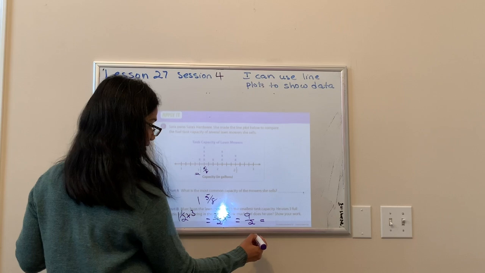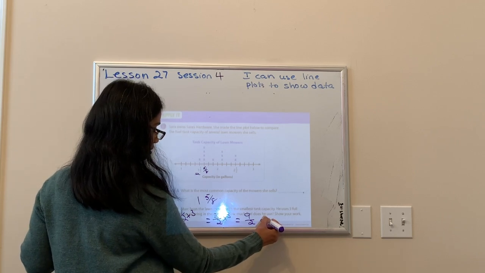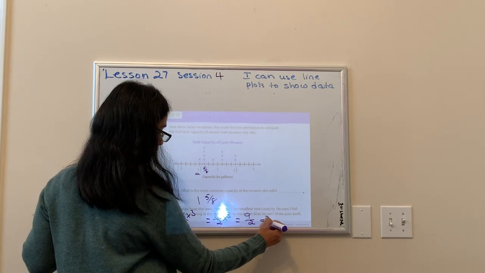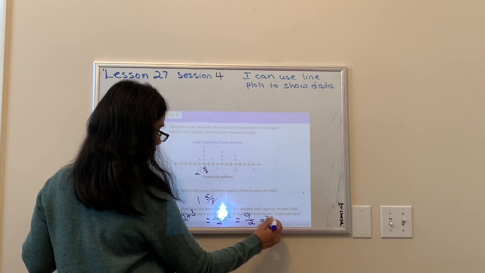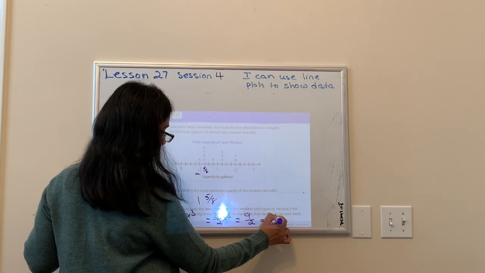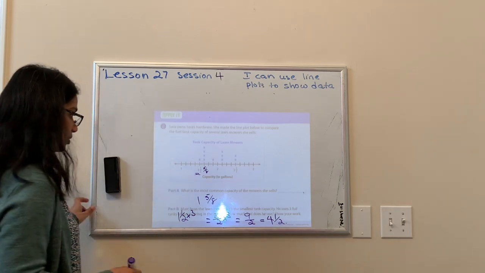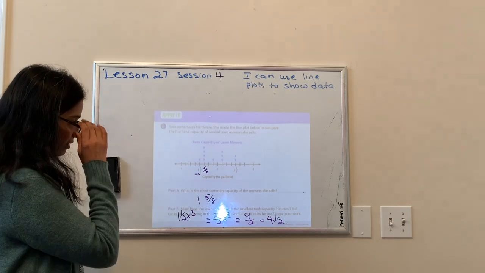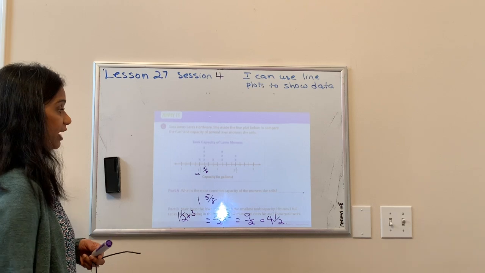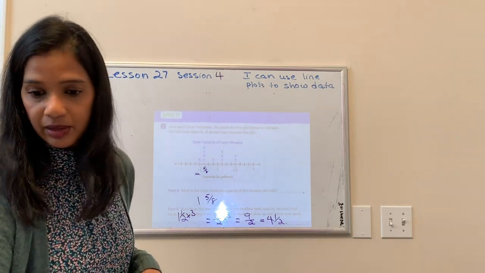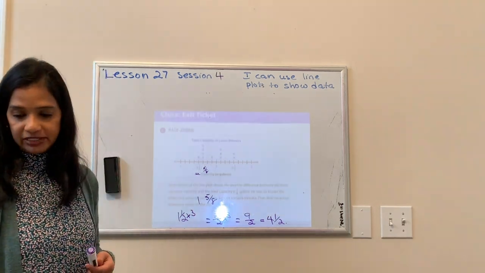And 2 into 9 is what? 3 2s are 6, 4 2s are 8, so it's 4.5. Okay, 4.5 gallons is how much he actually used. All right, and our last one for today.